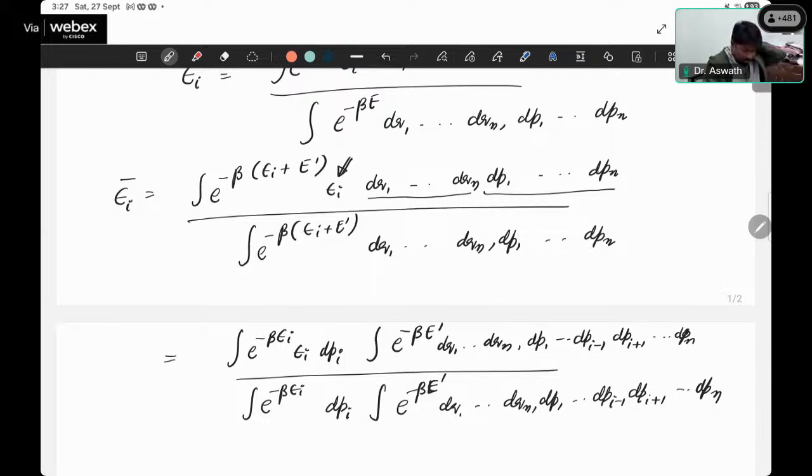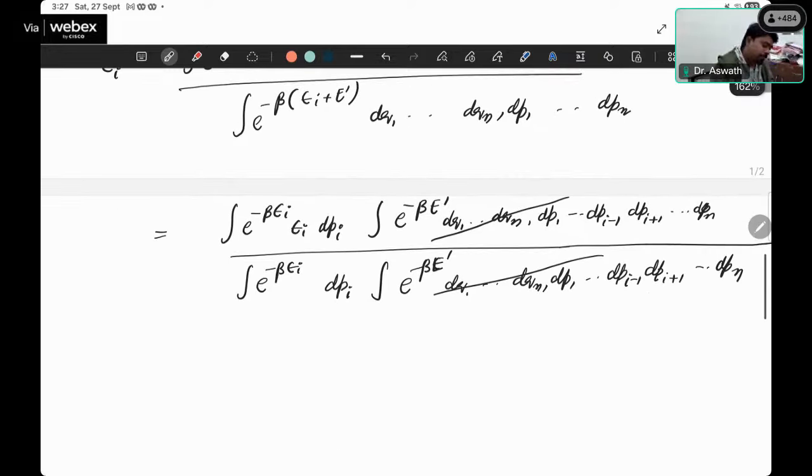Now you see the second integrals in the numerator and denominator are the same, so they just cancel. What am I left with?